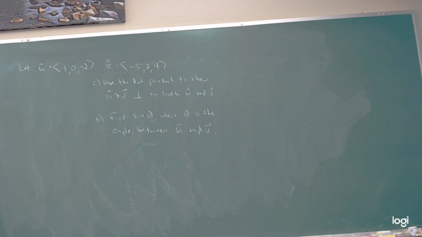And with V and W, it's just negative 20 plus 12 plus 8, 0. Check, check. Find sine of theta, where theta is the angle between U and V. Oh god, that looks like mine. My arms hurt.